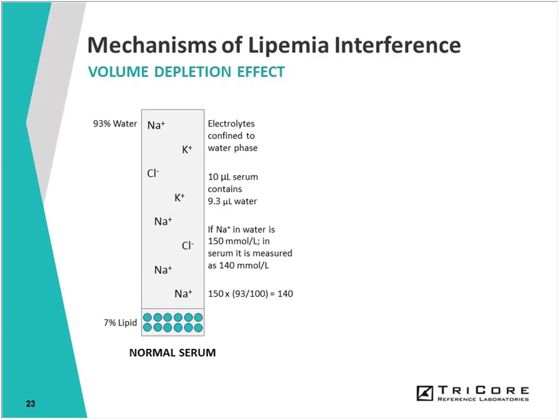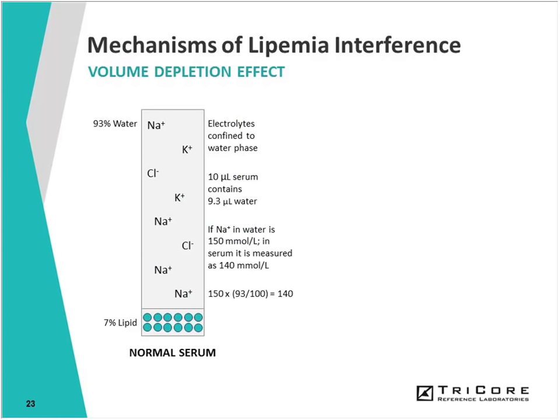So when a fixed volume of serum is pipetted for dilution, say 10 microliters, only 93%, or 9.3 microliters, of that volume is water. So if the actual concentration of an analyte dissolved in the water, like sodium, is 150 millimolar, its actual measured concentration is 140 millimolar, because the concentration is expressed as the total serum volume, not just the water volume.